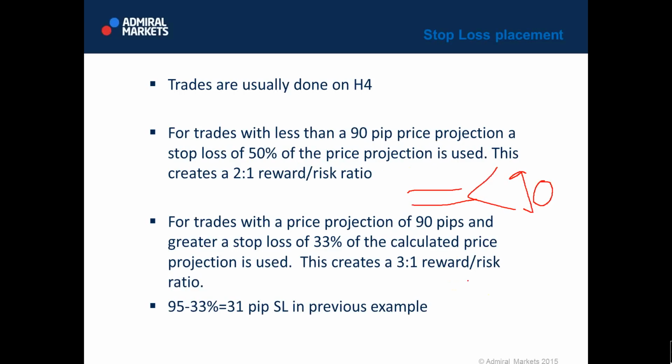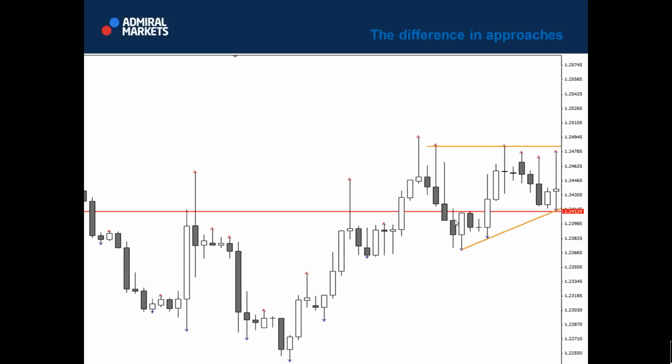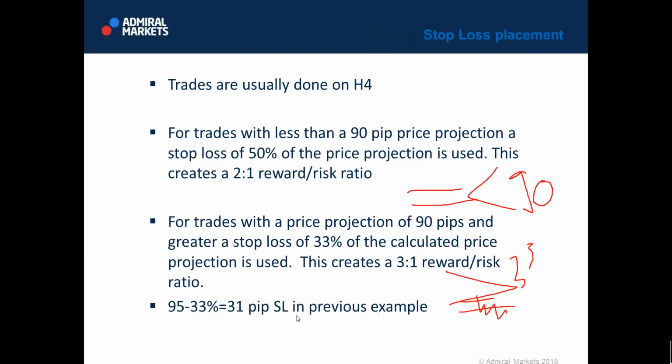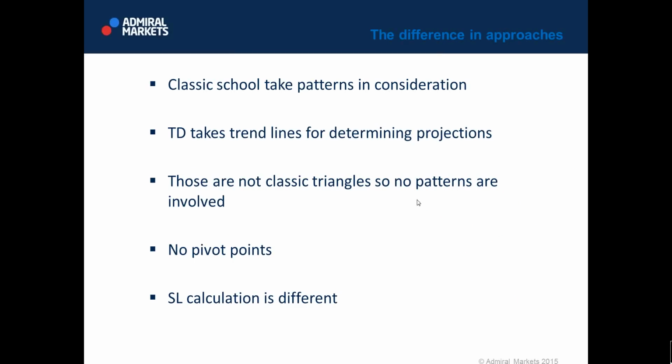If the price projection is more than 90 pips, you use 33%. So in our example, we will use 95 minus 33%. That will give us a rough 31 pip stop loss in the previous example. That is how he calculates the stop loss.